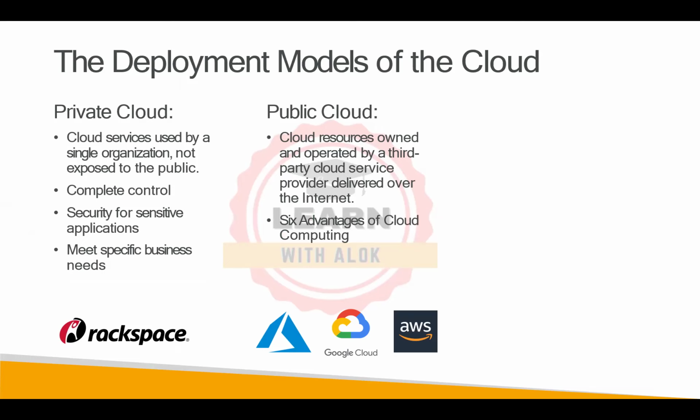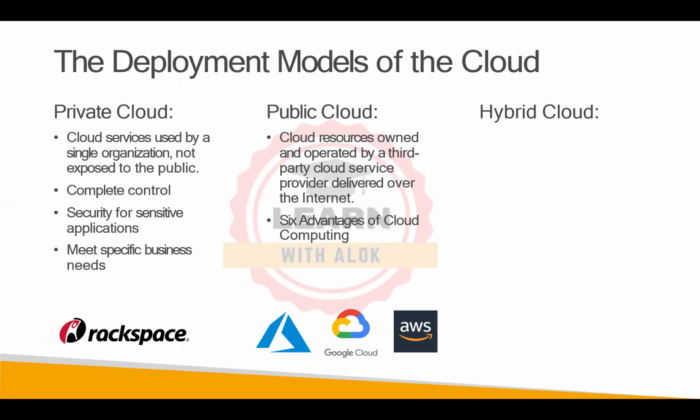Now we will see six advantages of cloud computing in the next slide. Now, hybrid cloud is nothing but a mixture of private and public cloud. An organization has a private cloud infrastructure for very sensitive applications or data, and for other stuff they use a public cloud such as AWS or Google Cloud.